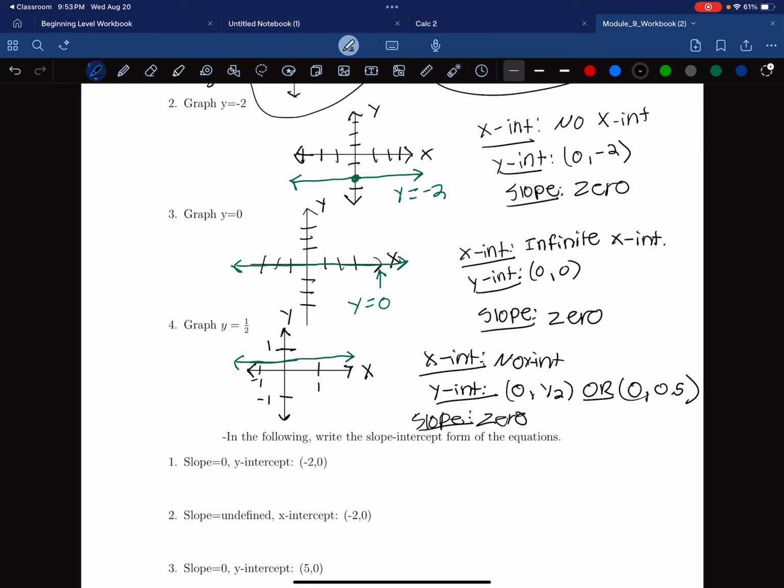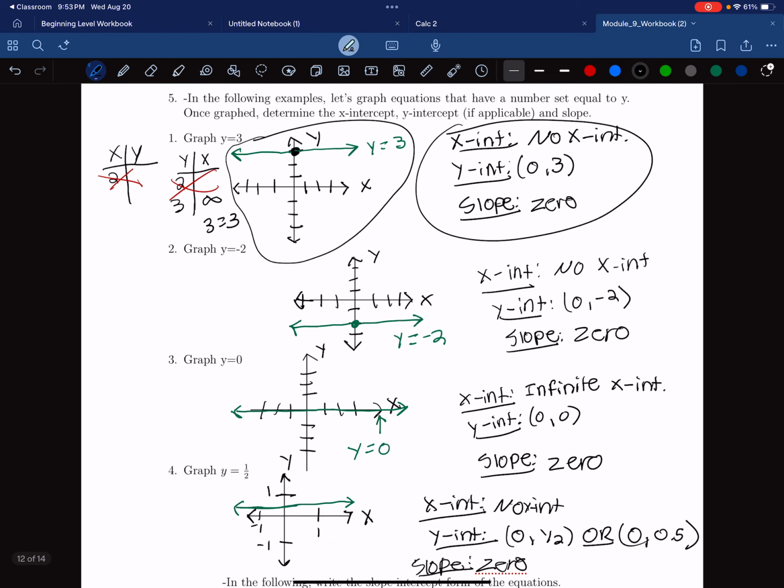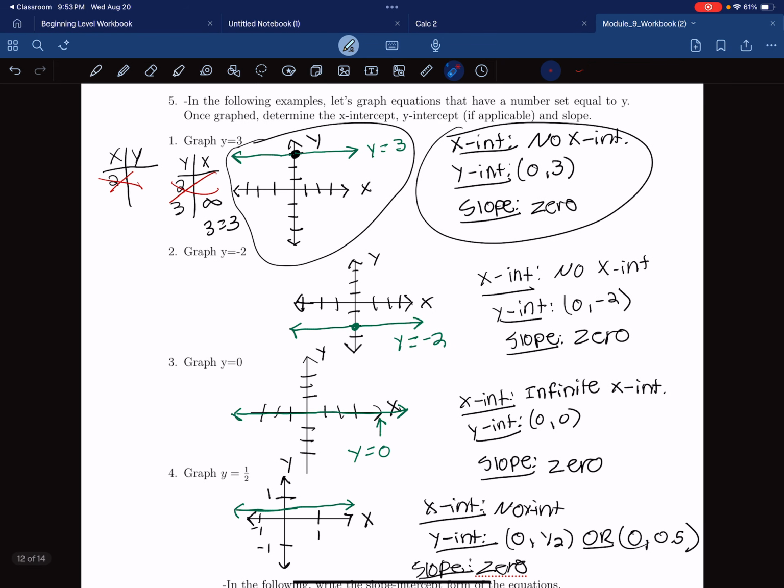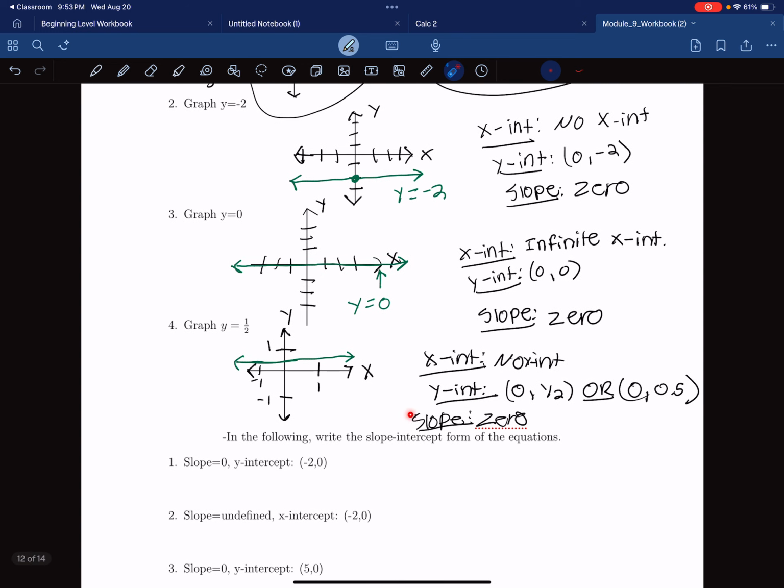So, quick takeaways for these problems, whenever we have an equation where we have y set equal to some value, our slope is always going to be 0, right? Slope 0.